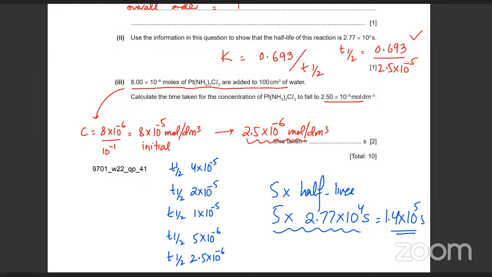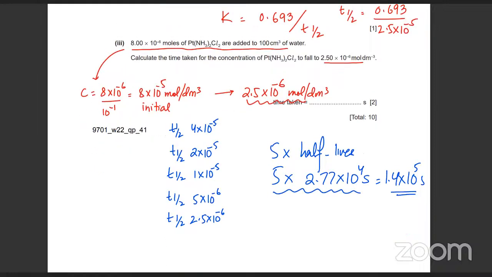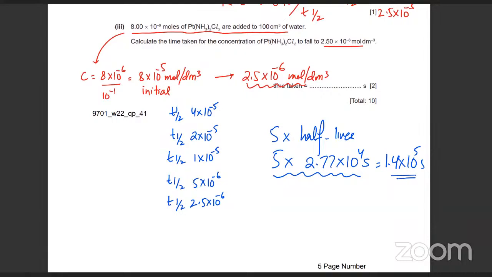There would have been a neat mathematical way of doing that, but that involves log. Okay? And some of you haven't done log, but this is how you would do it with log. The starting concentration is 8 times 10 power minus 5, into half to the power n. N is the number of half-lives. Every time it's going to decrease by half.